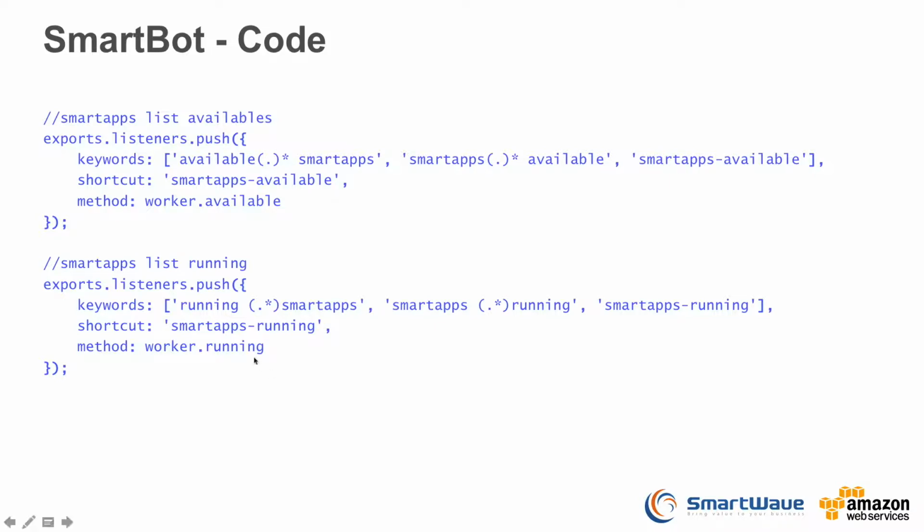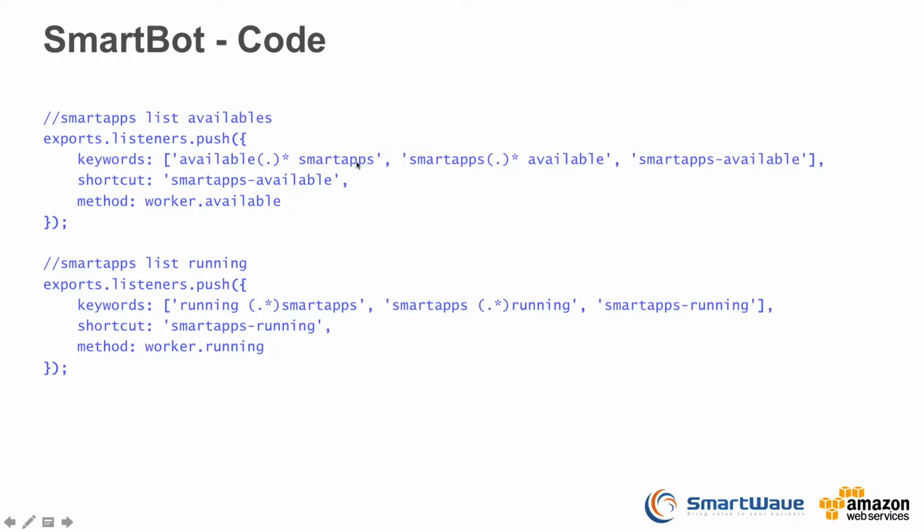So with some specific keywords and some regular expressions, the bot is able to route the instruction, available smart apps or smart apps available, to a specific API gateway call. So it means that for any instruction that you want to do with the bot, you will need to add some code that looks like that. And for each keyword, you will need to enter the typo variants yourself.